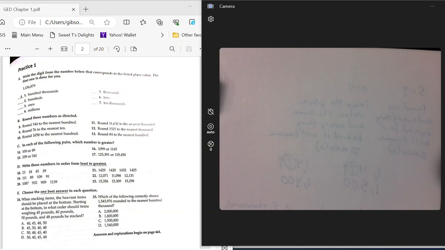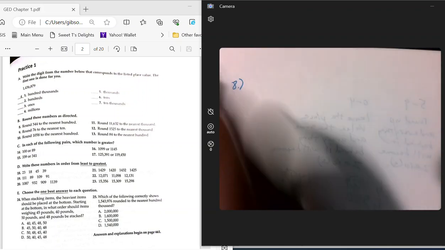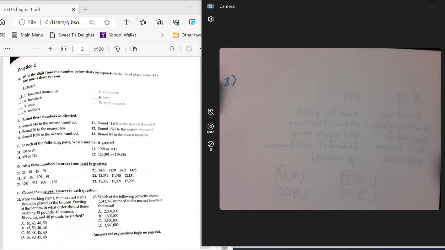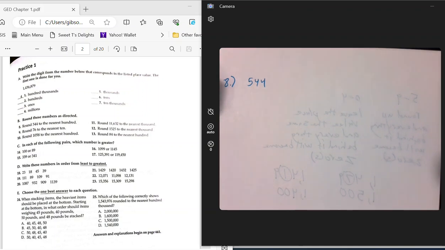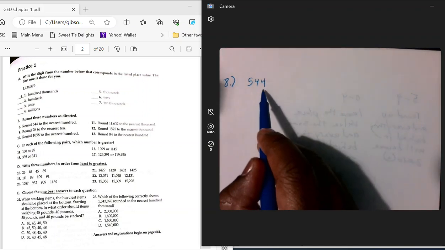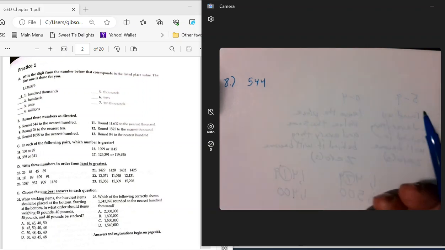We go here to B. It says round these numbers as directed. So number 8. Now I'm not going to write down all of the words, but it does say for number 8, round 544 to the nearest 100. So if we have 544, first of all, we have to determine what the hundreds place is. We know this is ones, tens, hundreds.